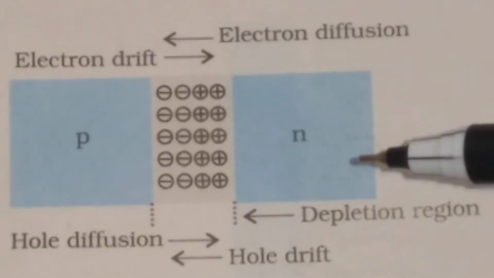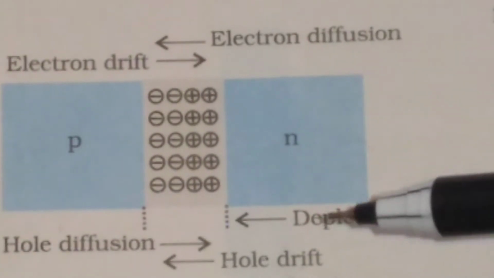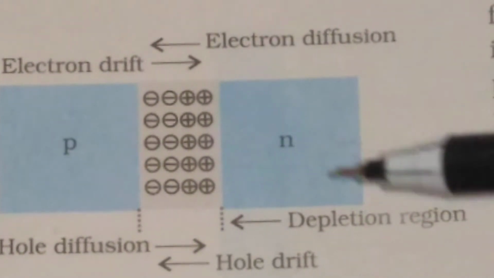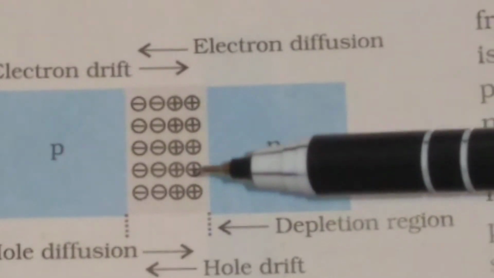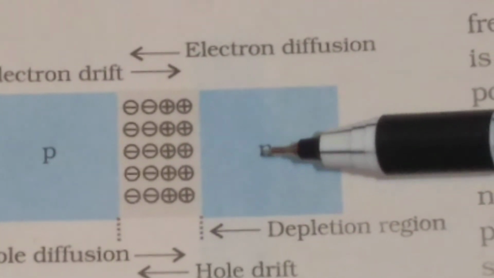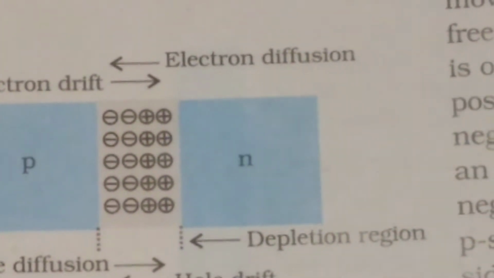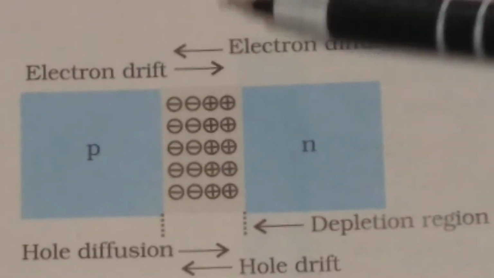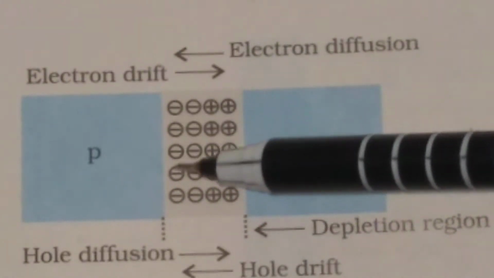You see in this diagram, this is the depletion region. This region is due to the formation of the positive charge. When the electron moves from N type to P type, it leaves behind a positive charge, and when a hole moves from P type to N type, it leaves behind a negative charge.